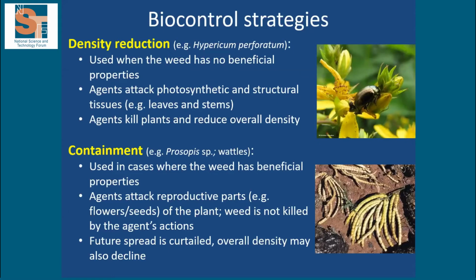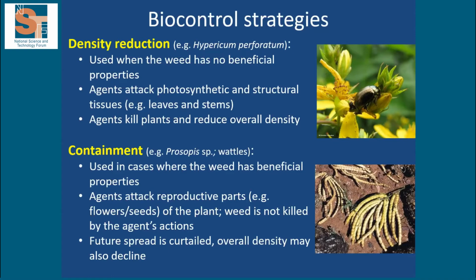And obviously, this would negatively impact how something looks, so that plant would not be aesthetically pleasing if it was one utilized in a wood industry, for example. The agents utilized in this strategy would have the ability to kill the plants and therefore reduce the overall density of that invasive plant species.